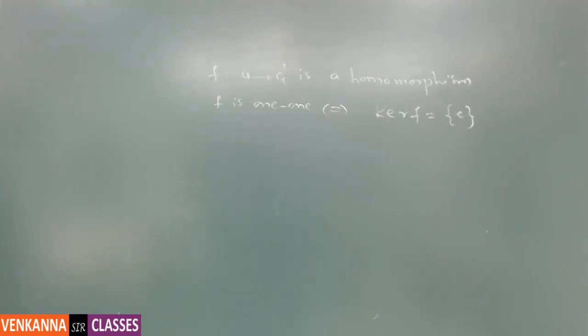If f from G to G dash is a homomorphism, then f is a 1-1 function if and only if kernel f is only the single element set identity. So except identity, there will be nothing in kernel f. Then the function becomes 1-1. Is the concept clear for everyone? What we need to show?